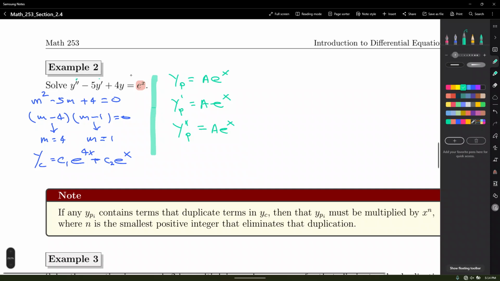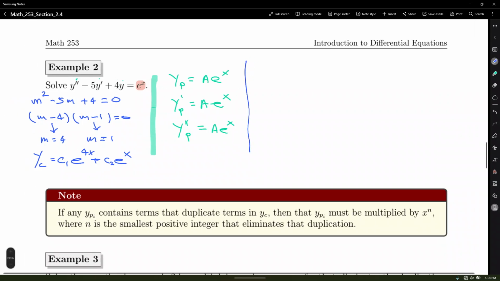Substitute back into the differential equation: a e to the x minus 5 times a e to the x plus 4 times a e to the x equals e to the x. On the left-hand side, 4a plus a is 5a, minus 5a, we get 0 equals e to the x.